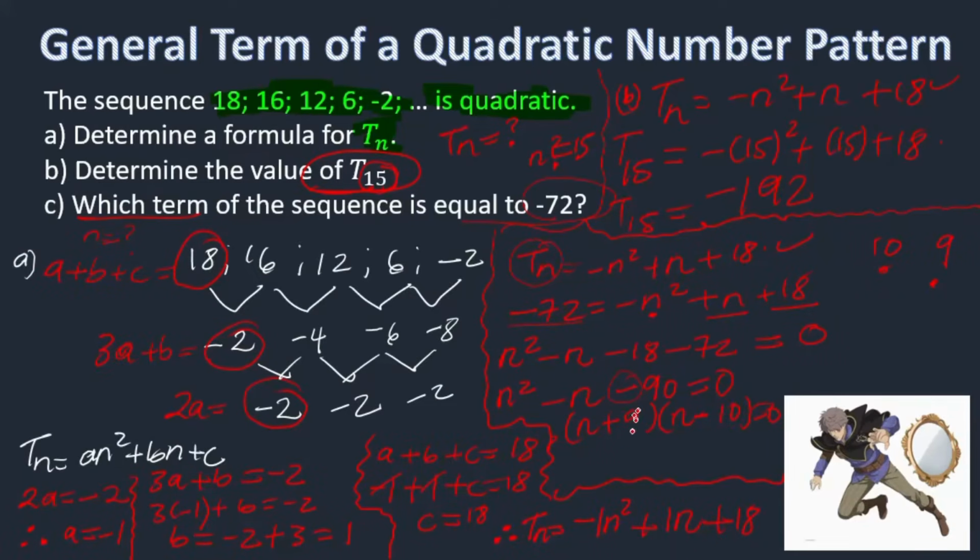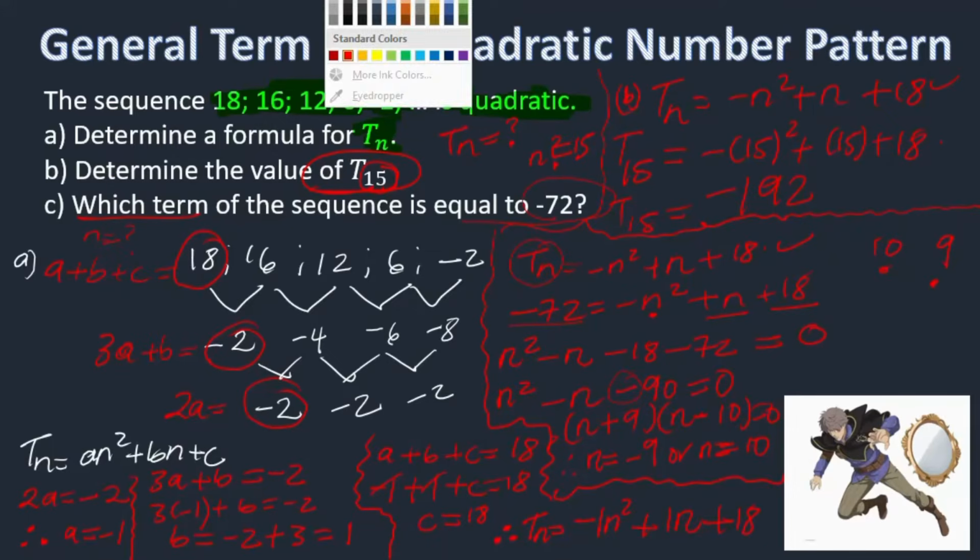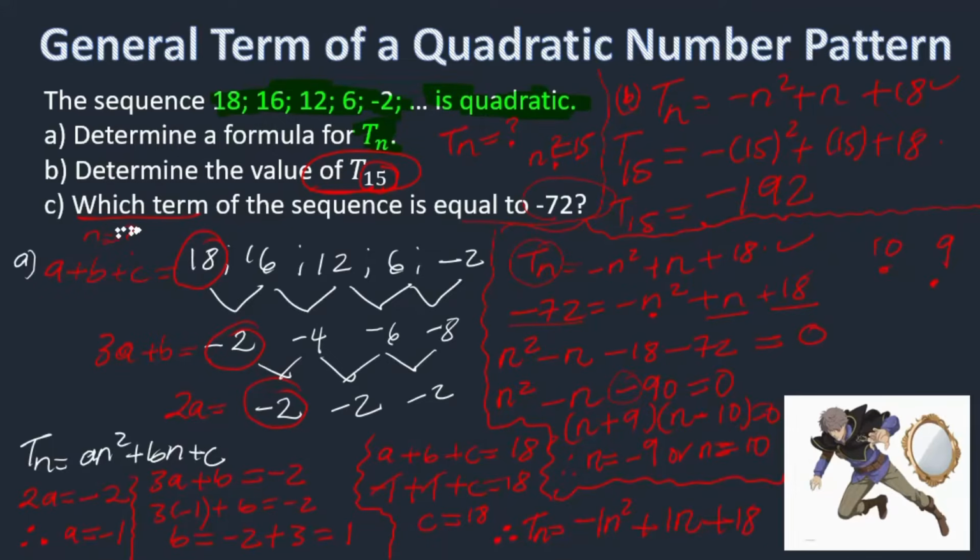Boom, boom. Then I'm going to say, therefore, n is equal to negative 9, or n is equal to positive 10. Now, here's what happens. We said n is the position.